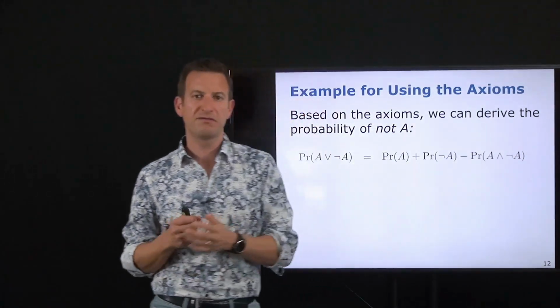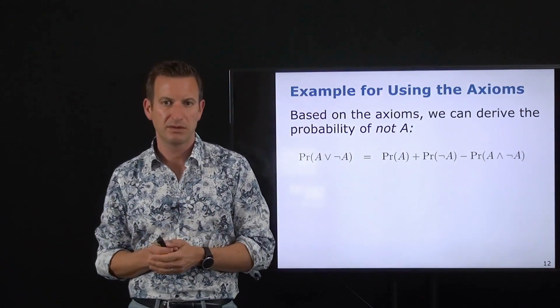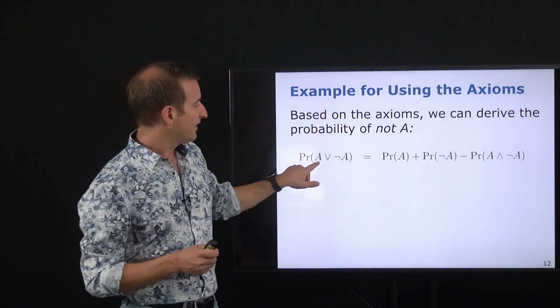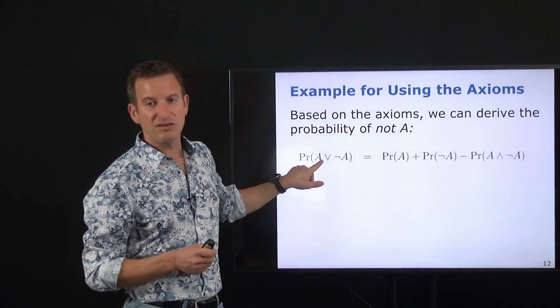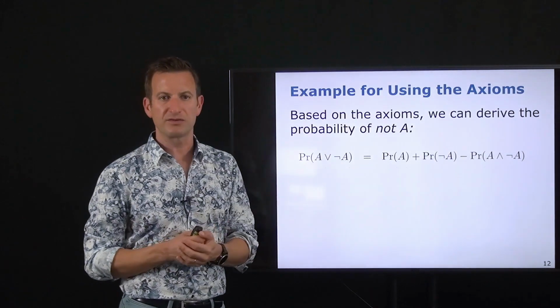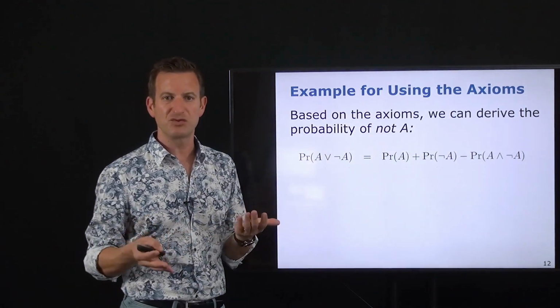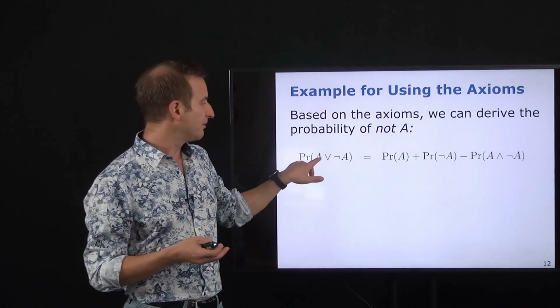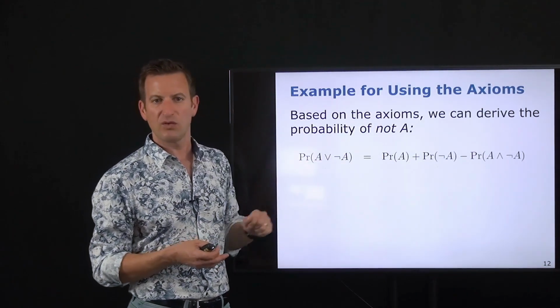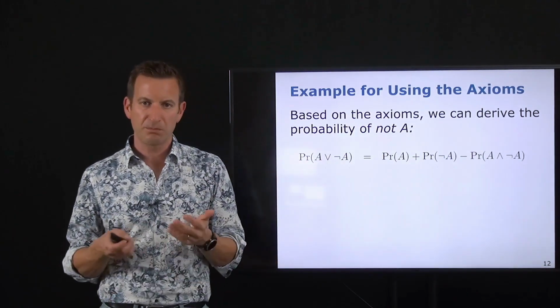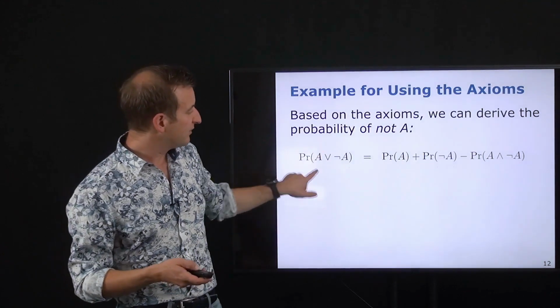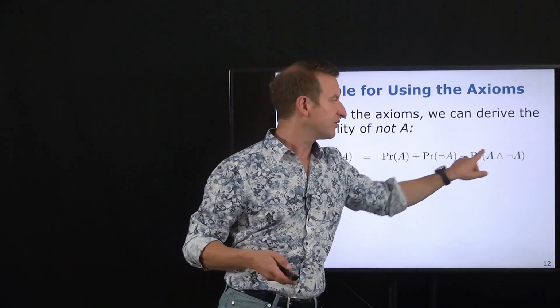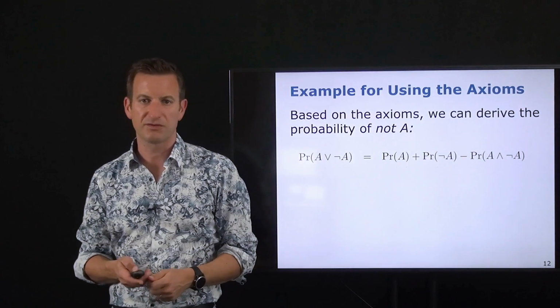This is P of false. This cannot be. And in here we say the probability that A is true or A is false. So just these two options can be true or false. And the probability that A is true or A is false is always the case. So it's P of true. So we can replace this by P of true and this by P of false.